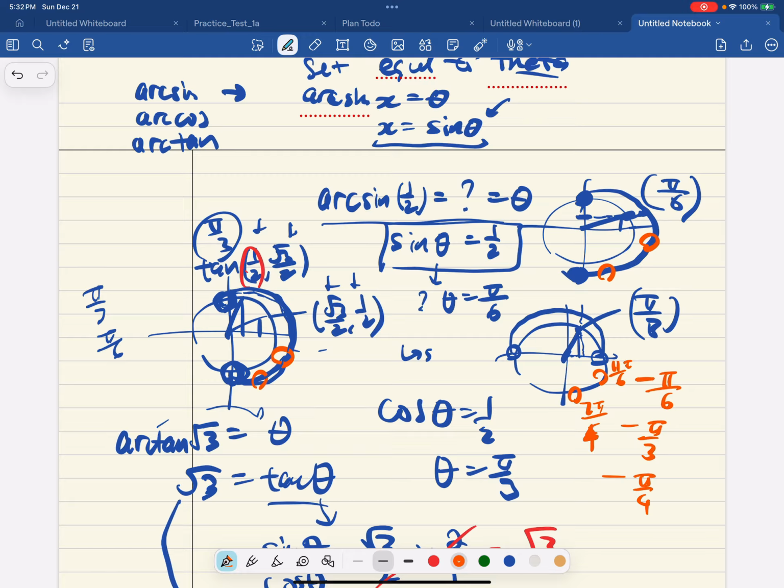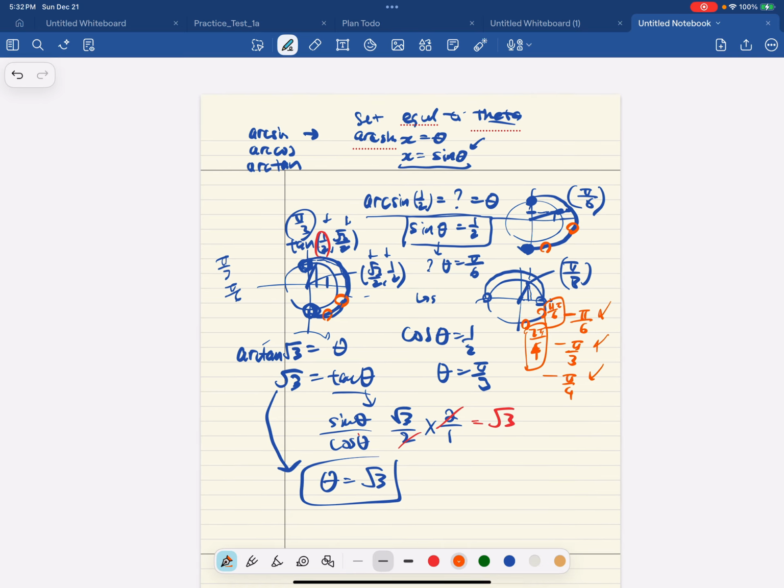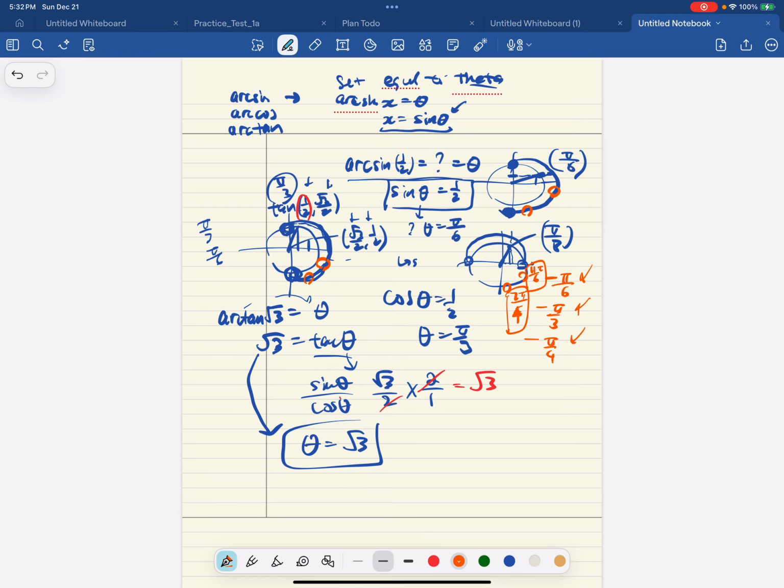So 7 pi over 4. Do not use these very big fractions. Always use the negative when it comes to arcsine, arccos, arctangent. And that is because they don't exist in these domains. They only exist as negative.